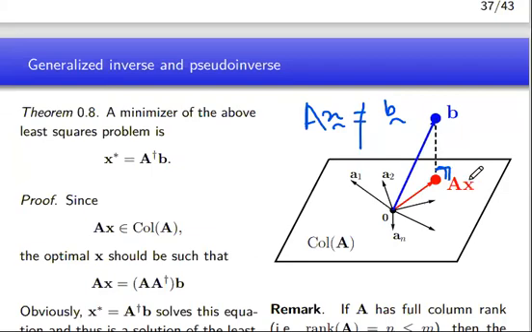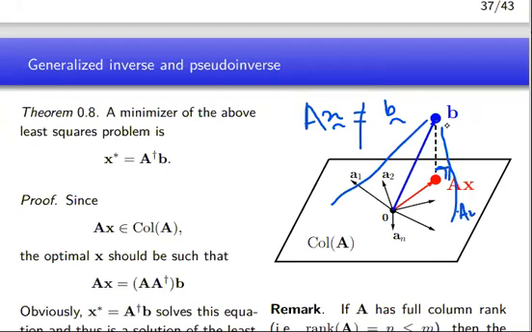When you change this x variable, you get different results. Look at the distance between B and the point Ax. If x is here, you have this length, the distance between B and Ax, and you get the minimum distance.